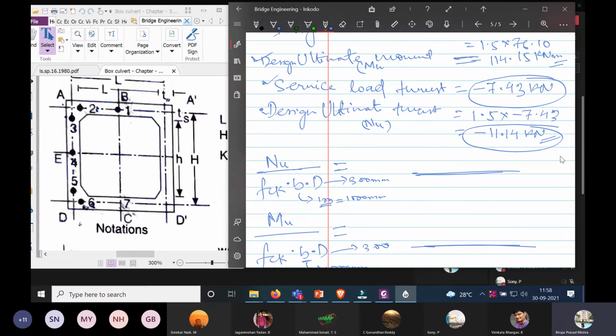Next, Jagan Mohan Yadav. What is the value of Nu by FCK into B into D? Next, Madhusri.